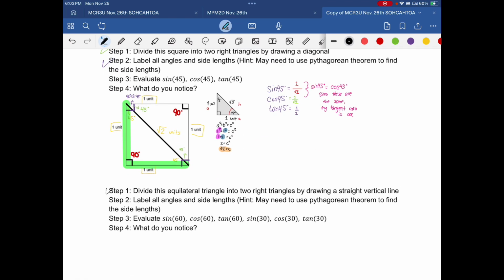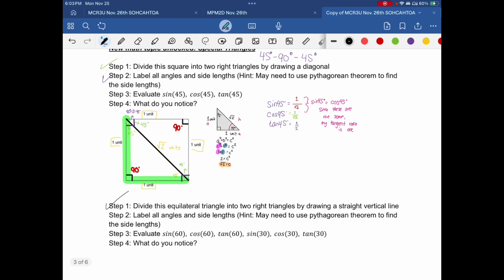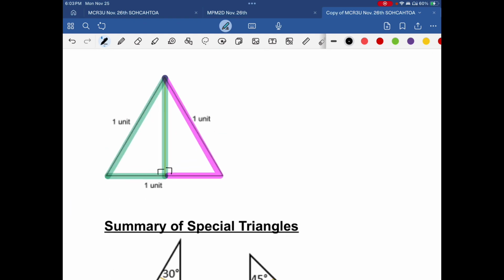So I did step 1. Now, label all angles and side lengths. Hint, may need to use Pythagorean theorem to find the side lengths. Okay, so because this was originally an equilateral triangle, what do I automatically know about my angles?